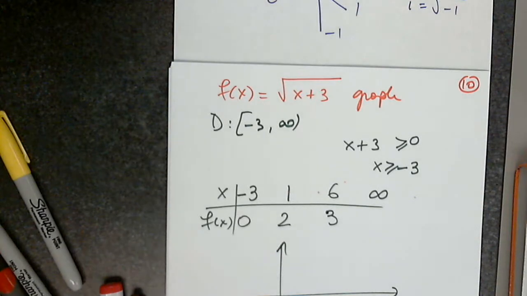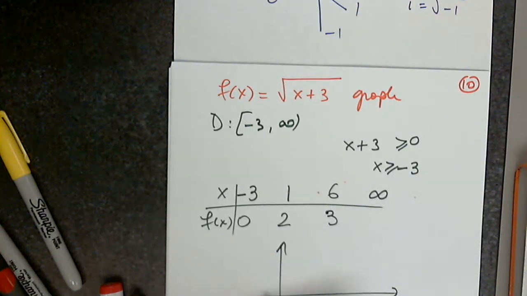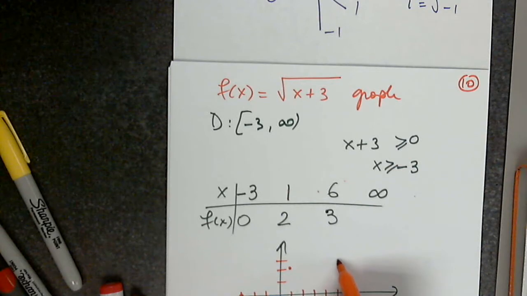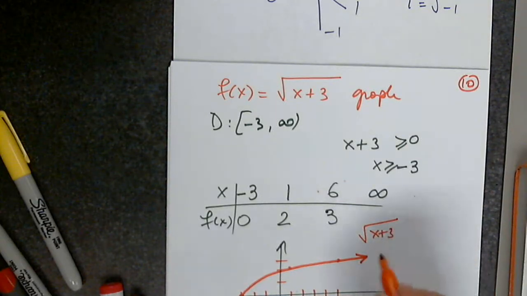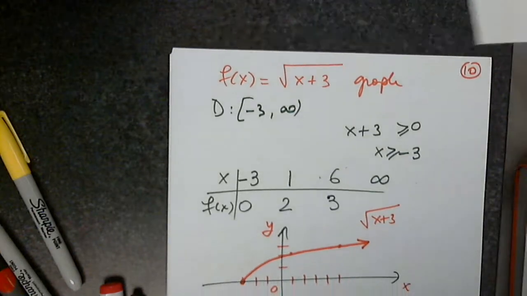So it starts at negative 3. That's what the domain is. At 1, we have 2. 3, 4, 5, 6. So we have 3. And we know the graph. We've graphed this function many times before. Square root of x plus 3. I will ask you to identify the range.